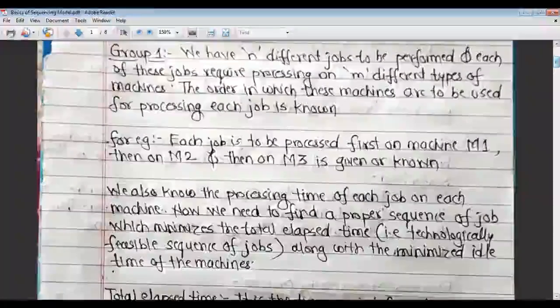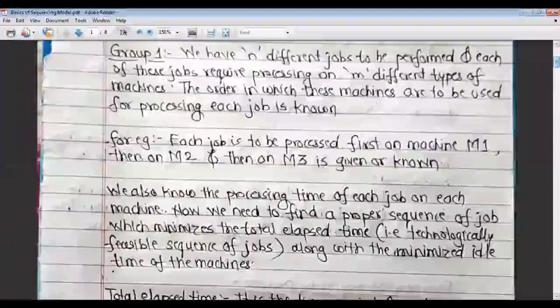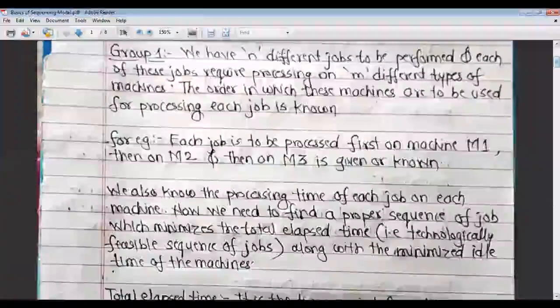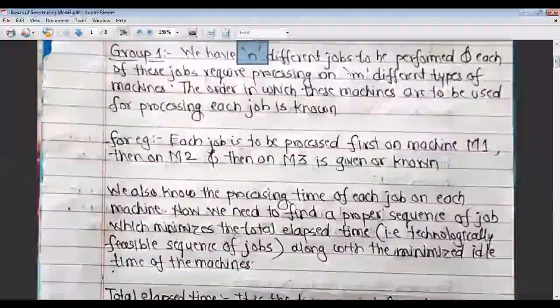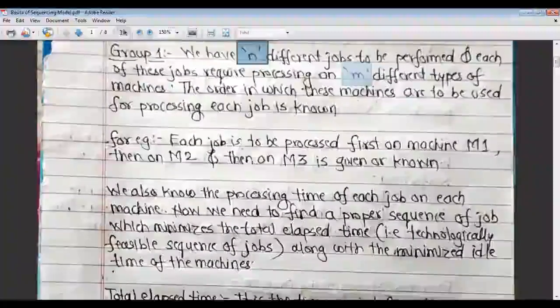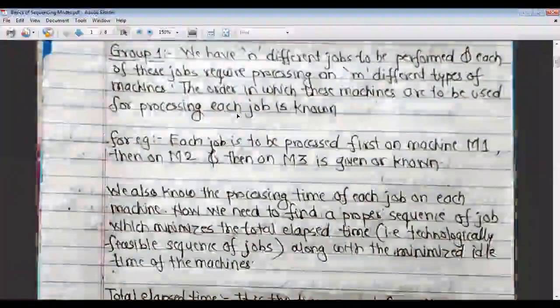And if you ask what the constraints of your sequencing model are: the number of jobs that we have, the number of machines that we have, and the processing order, which we cannot change.